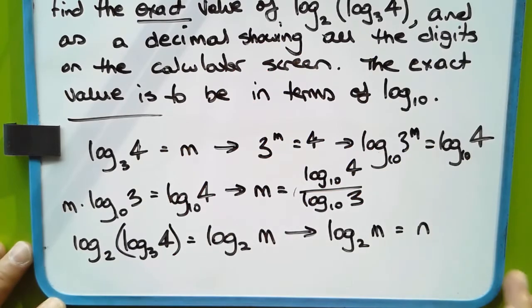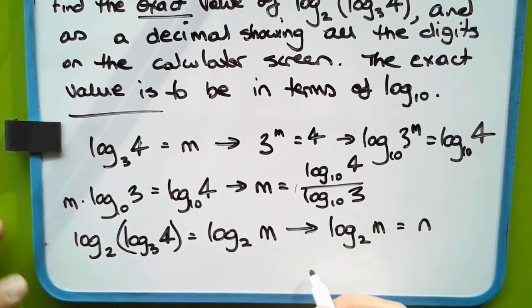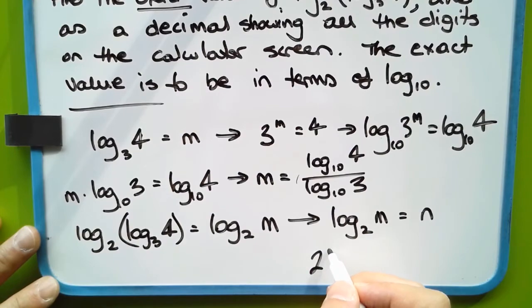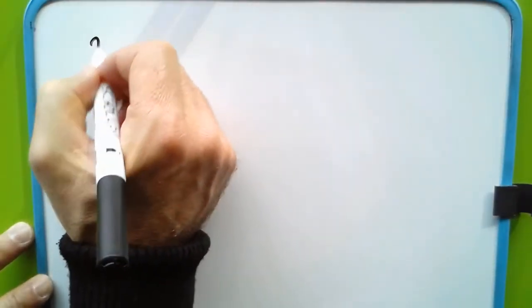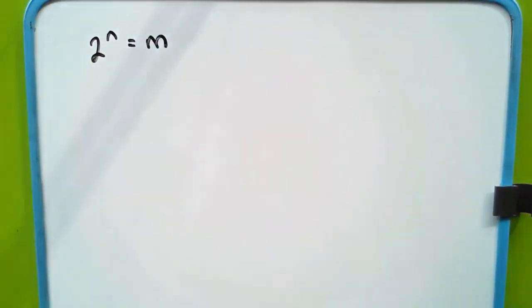So now let's again express this equation in exponential form. I'm going to turn the board over because I'm just about to run out of space. So 2 to the power of n is equal to m. M we already have a value for.